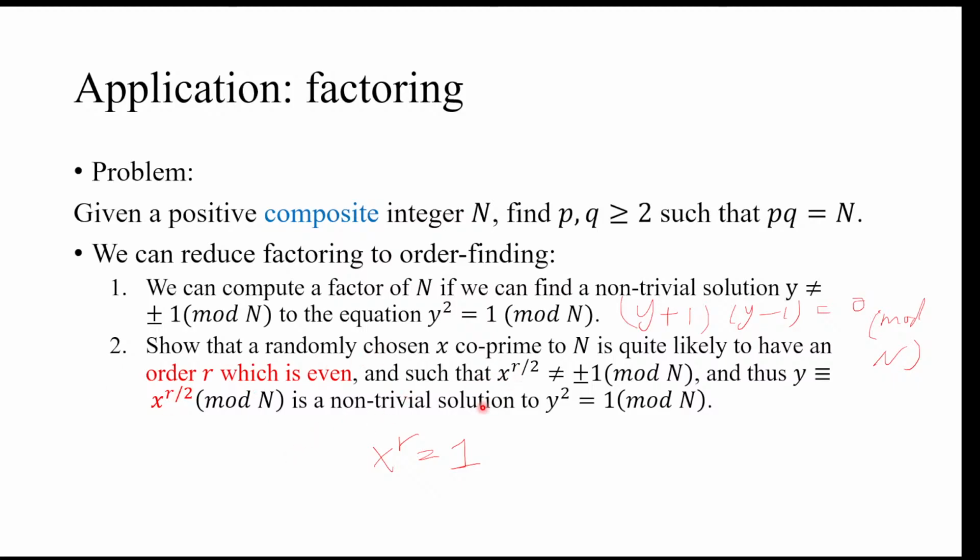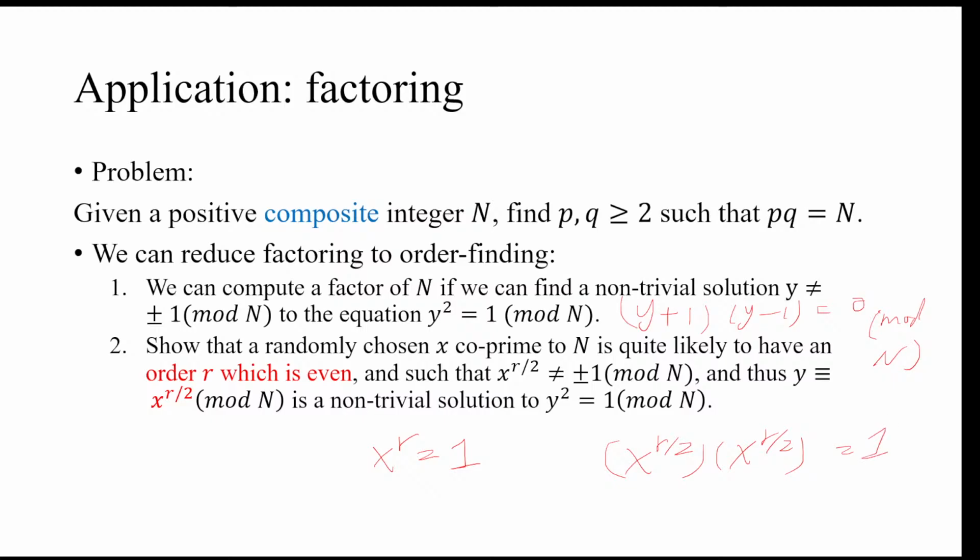If r is an even number, then x to the r over 2 will be our y. So x to the r equals 1, then we have x to the r over 2 times x to the r over 2 equal to 1.